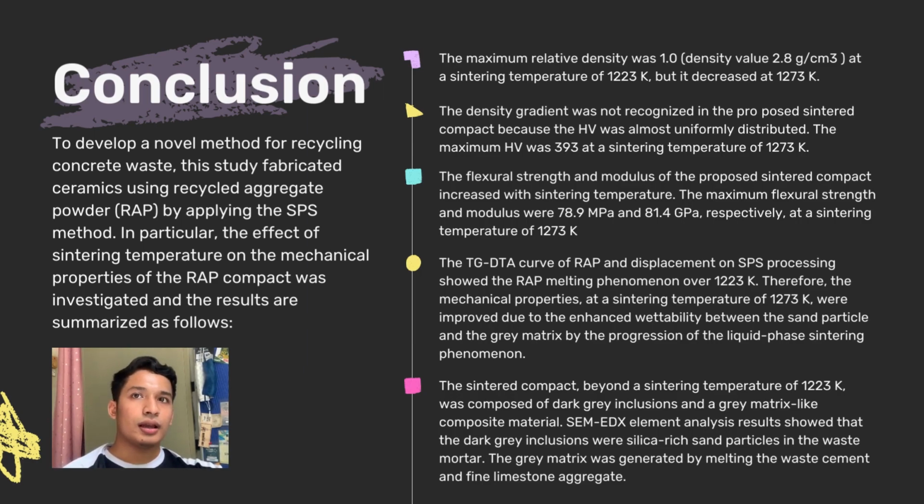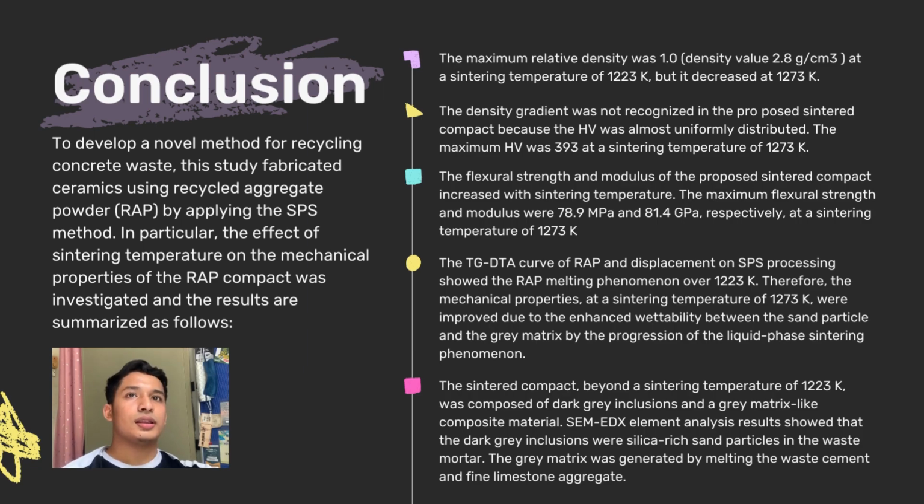In particular, the effect of sintering temperature on the mechanical properties of the RAP compact was investigated, and the results are summarized as follows. First, the maximum relative density was 1.0 at a sintering temperature of 1223 Kelvin, but it decreased at 1273 Kelvin.